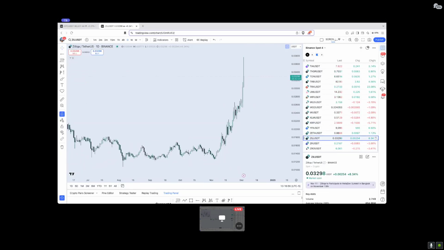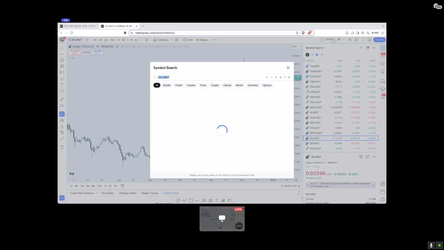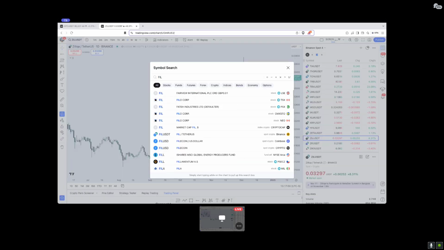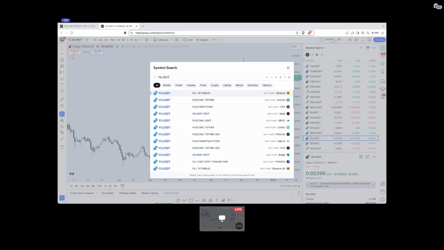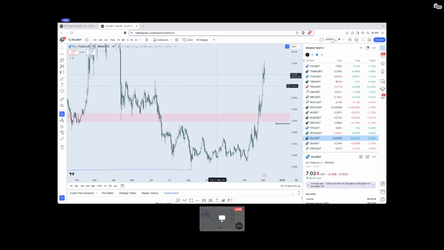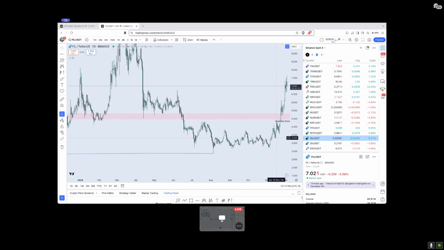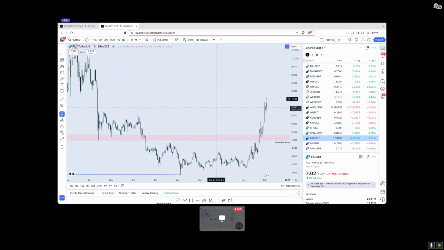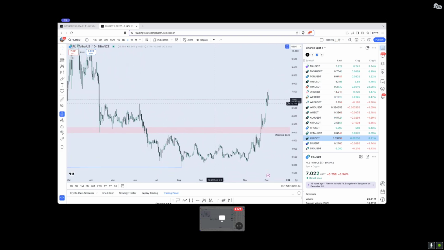Even ZIL, damn. What's the other one? Filecoin. Bro, if even this is catching a bid, it's either we're going full blown bull market or this could be not good.